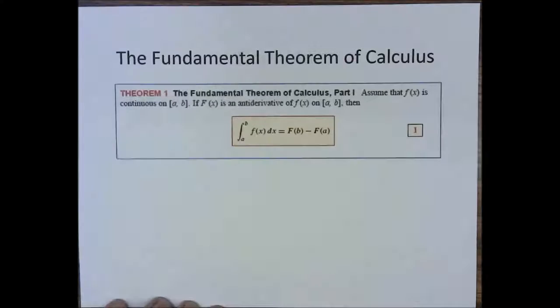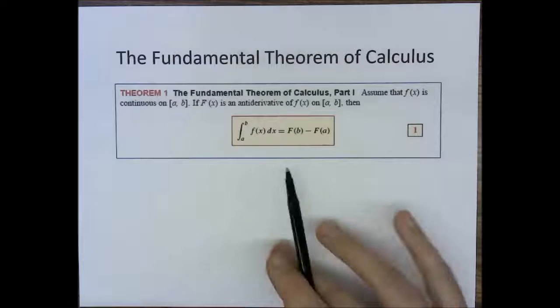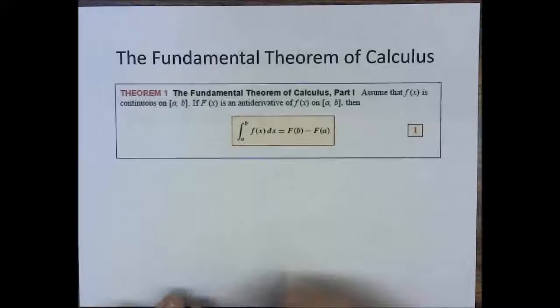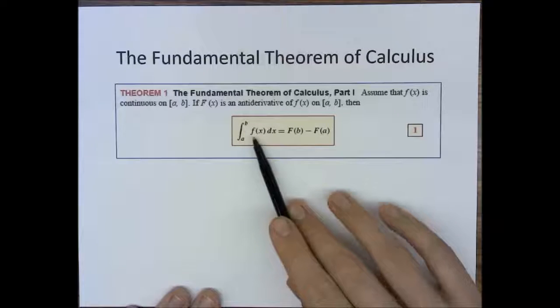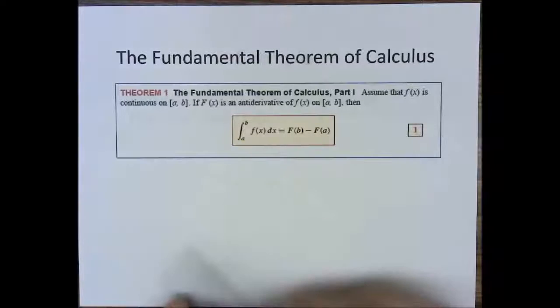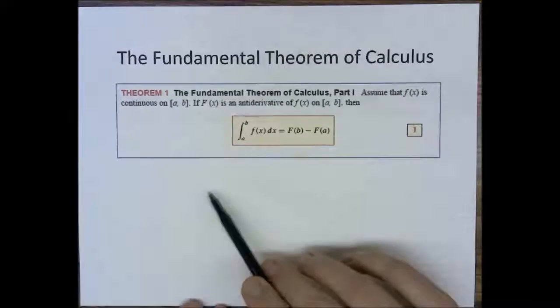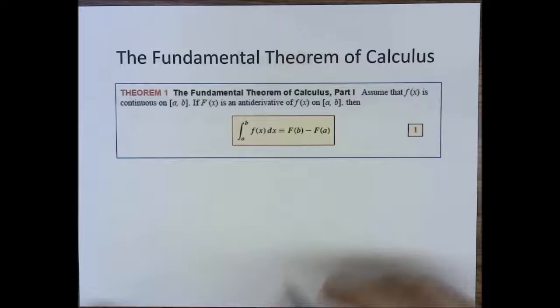That seems kind of weird and abstract. I will show you some examples that will illustrate this better. But basically you take the antiderivative of little f, that gives you big F, plug in b to big F and plug in a to big F, and then subtract the two numbers that you get.